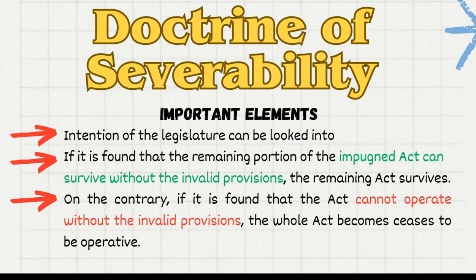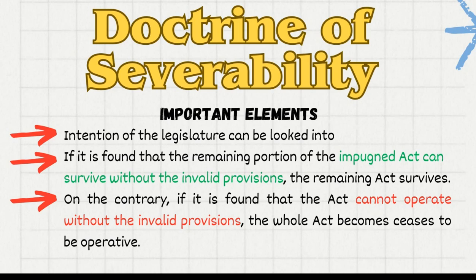Number one, the intention of the legislature is relevant and can be looked into. Compare this with the doctrine of colorable legislation, which was discussed in the previous part, wherein the intention of the legislature is beyond the scrutiny of the courts. While looking at the intention of the legislature, the title clause of the impugned act, the stated objectives of the impugned act and its provisions may be looked into by the courts.